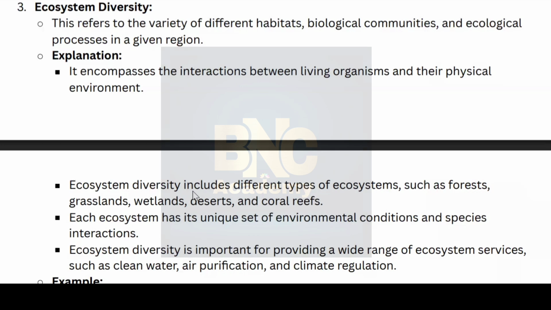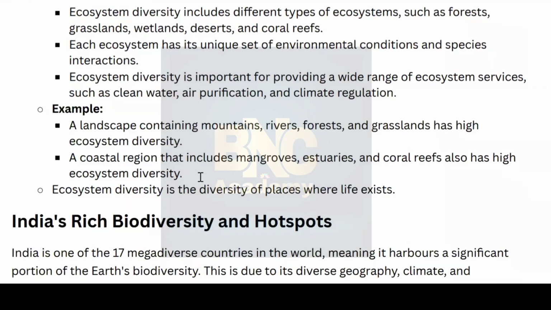Ecosystems provide us with essential services such as clean air and water, climate regulation, and flood control. Coming to habitat provision, ecosystem diversity provides a wide range of habitats for different species, supporting biodiversity at all levels. Regional stability. Ecosystem diversity contributes to the overall stability and resilience of a region.